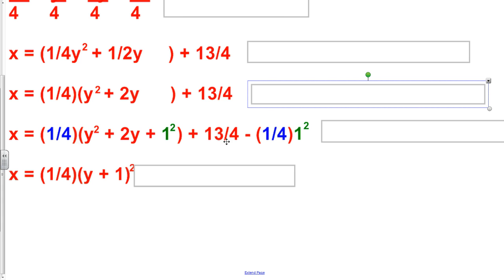On the outside here, if we add these terms together, 13/4 minus 1/4 times 1, which is just 1/4, is going to be 12/4, which is just 3. So in this case, putting it in vertex form, we have 1/4 as our coefficient out front, y plus 1 squared plus 3.